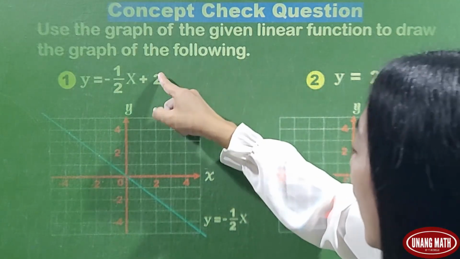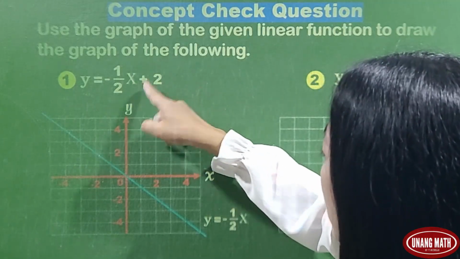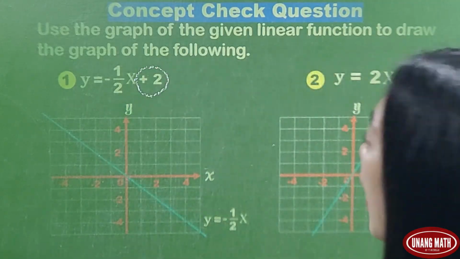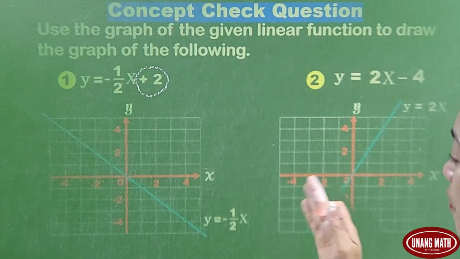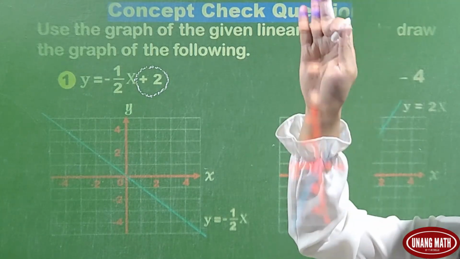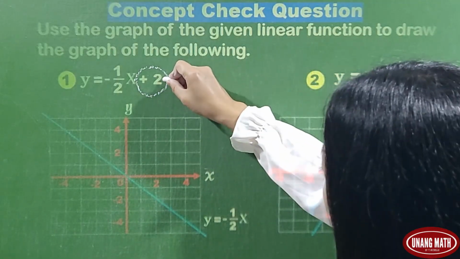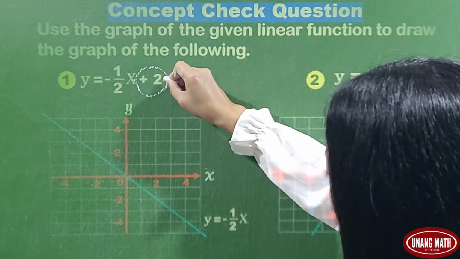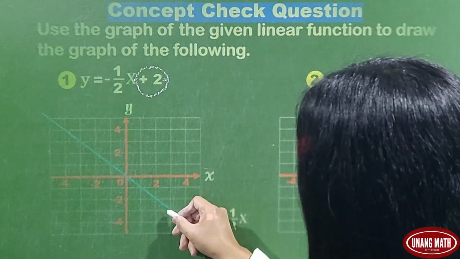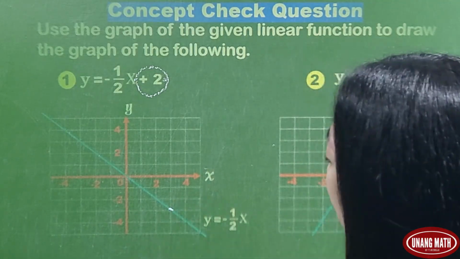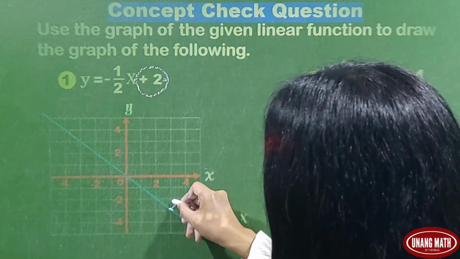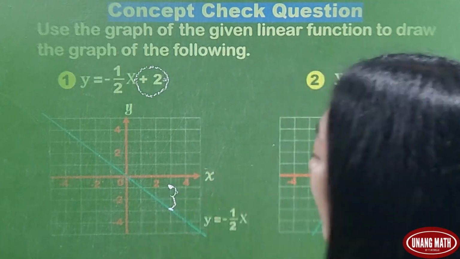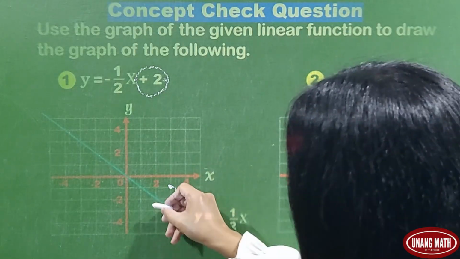Okay, take a look at the value of b. This is positive 2. So it means the movement is going up. By how many units? 2 units. So if this is the point, then move 2 units going up, 1, 2. So the point is here. What about if this is the point?